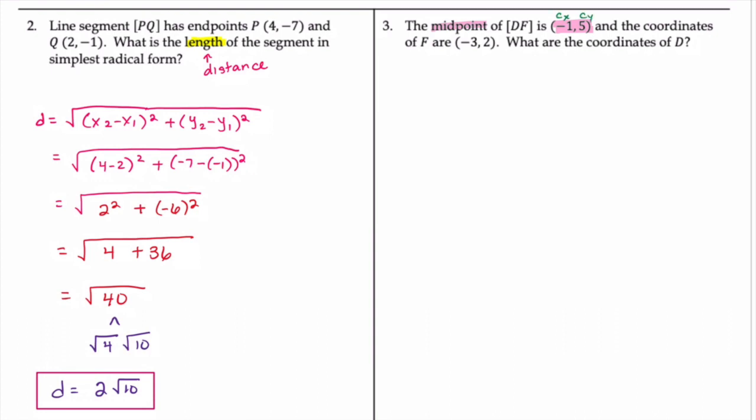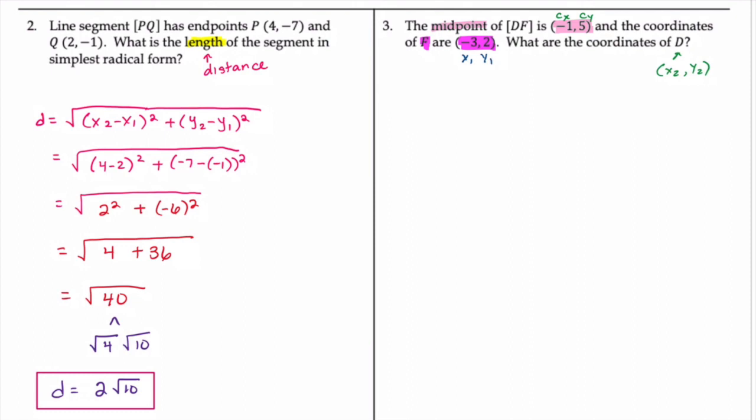They gave us one of the endpoints, F (-3, 2), and I am just going to label that x sub 1, y sub 1, and I am looking for the other endpoint, x sub 2, y sub 2. Let me write my formula.